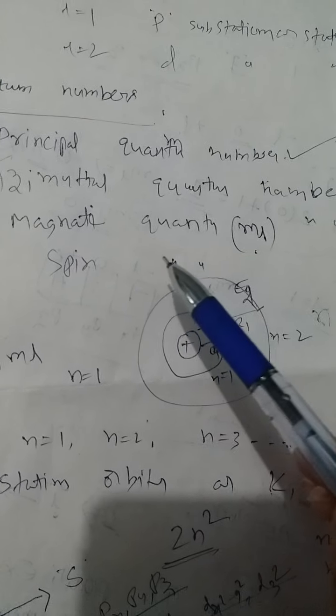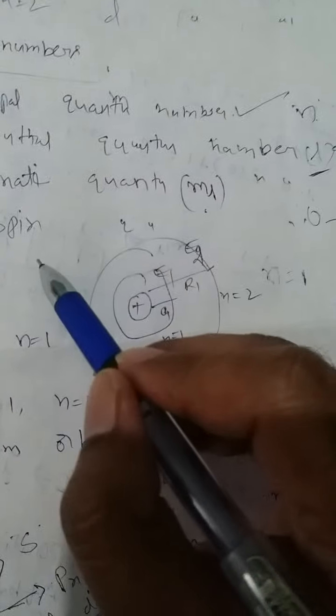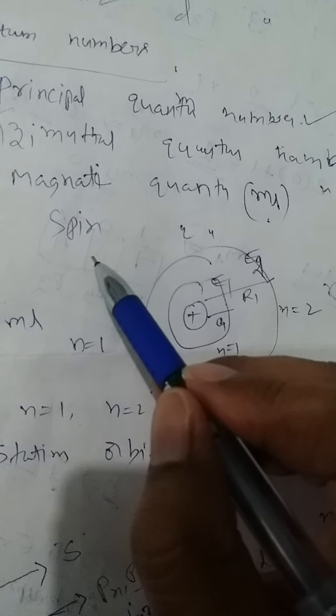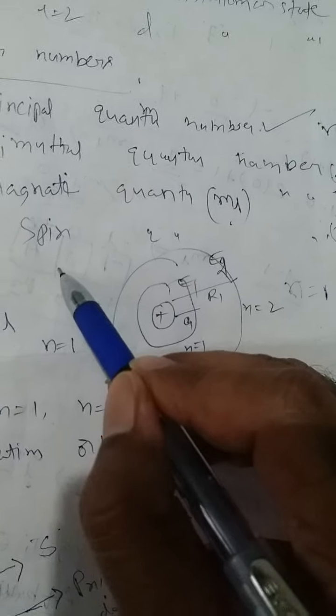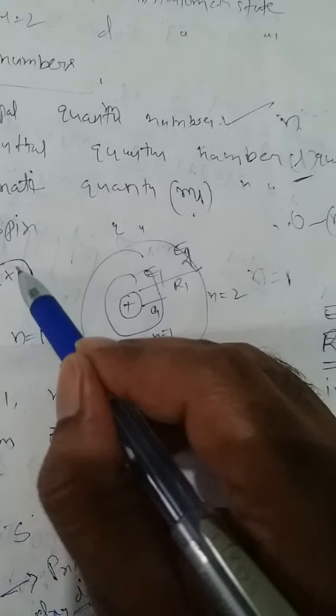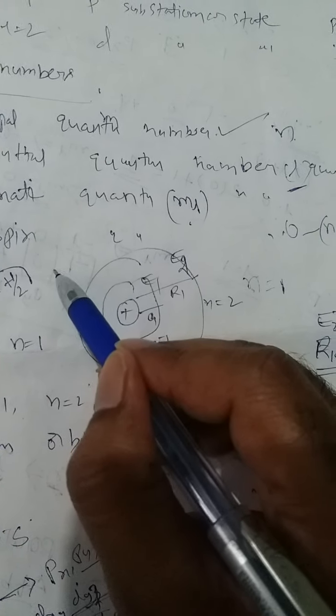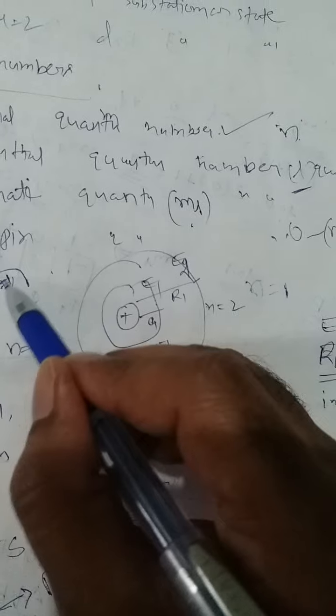The spin quantum number gives information about the rotation of the electron around the nucleus in an atom. If an electron rotates around the nucleus in clockwise direction, that is called plus spin.